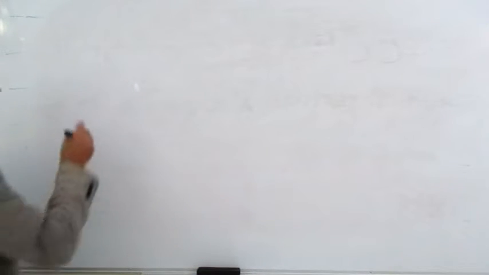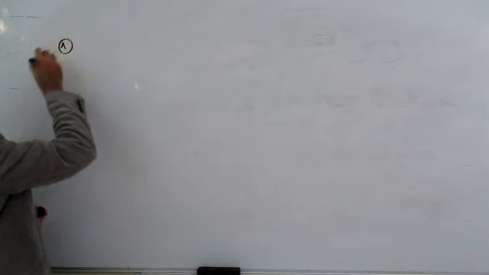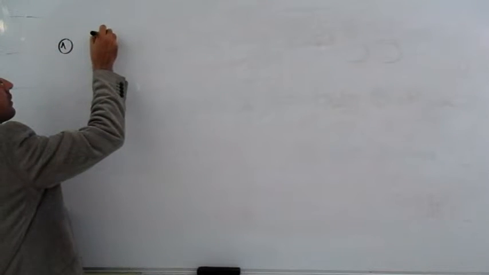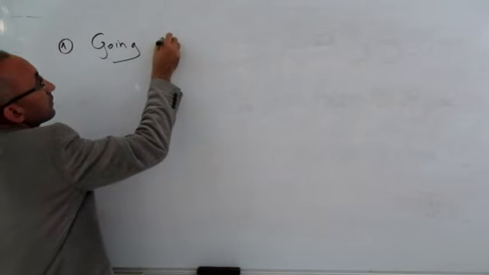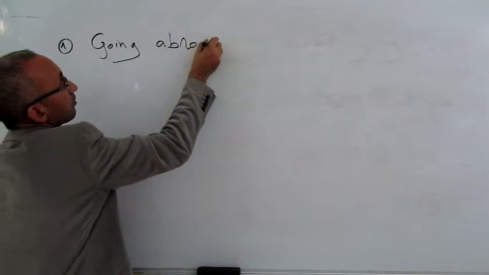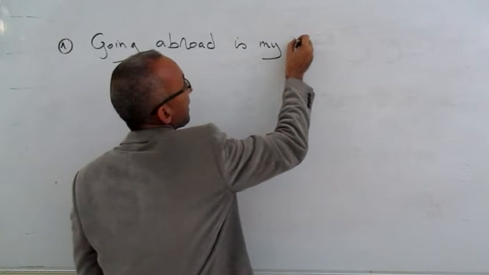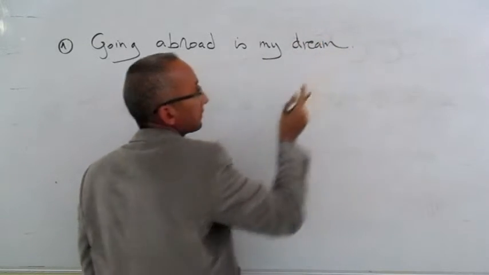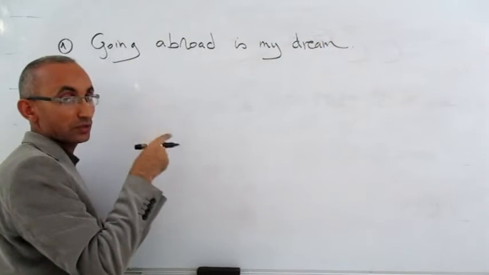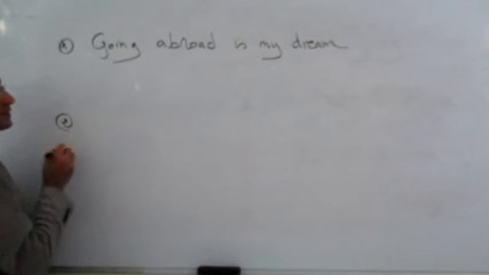So we write, number one, going abroad is my dream. It's an example. It's not about me. Clear? Good.